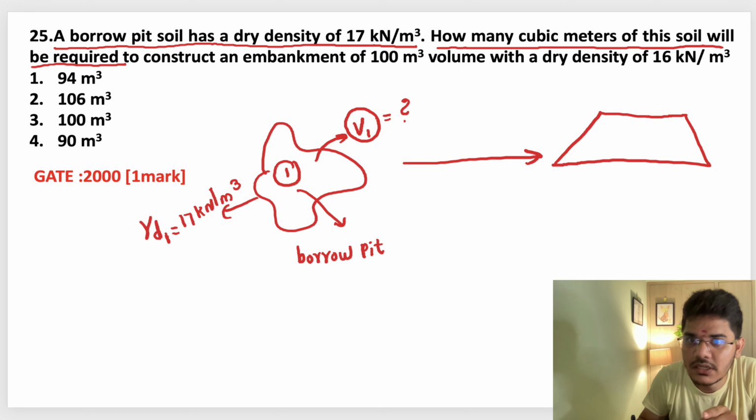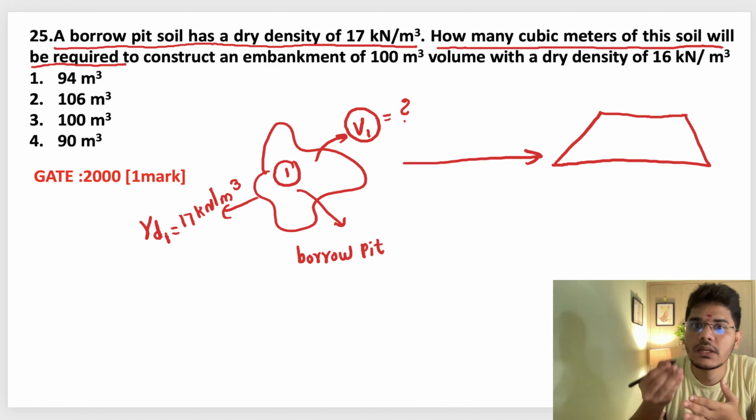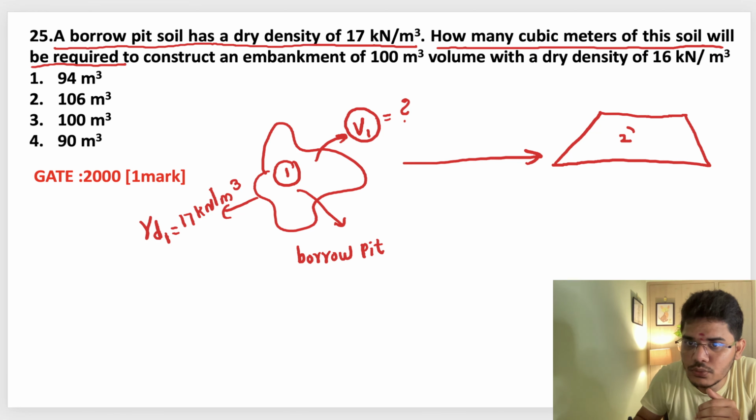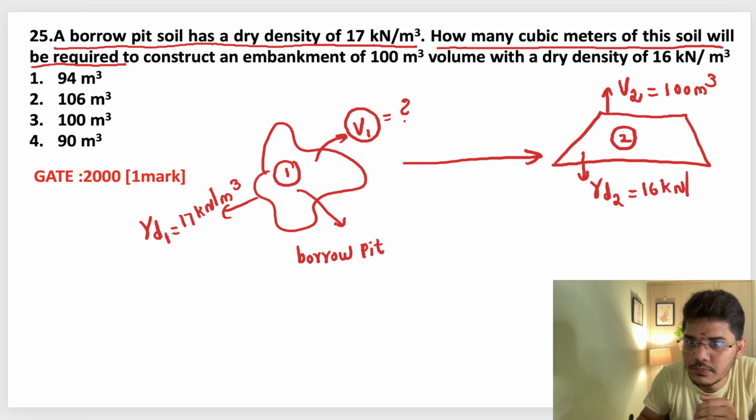So let us suppose this is 2. This embankment volume should be 100 meter cube, and what density he has given? This should have a density of gamma d2, 16 kilonewton per meter cube.